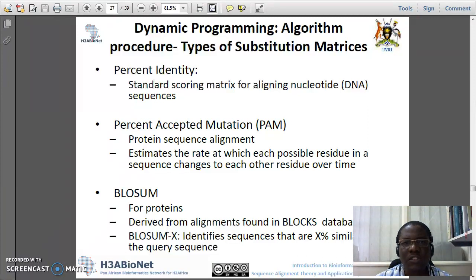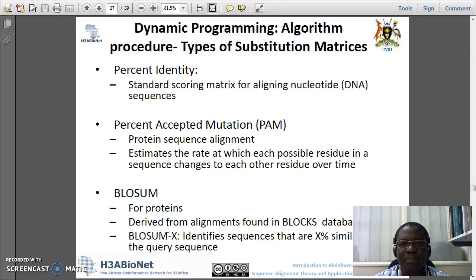So for DNA or genes, we can use a percent identity matrix, which will go for just the matches that happen to align very well in your pair of sequences that you're looking at. Or you could go for something a little bit more elaborate, like we shall see later. For the proteins, obviously there are two main matrices that we rely on.